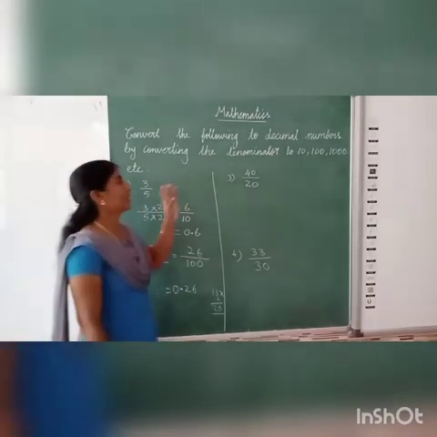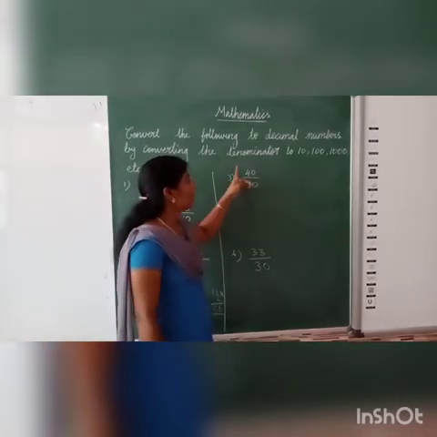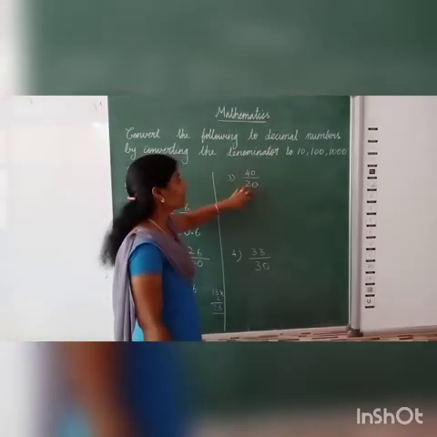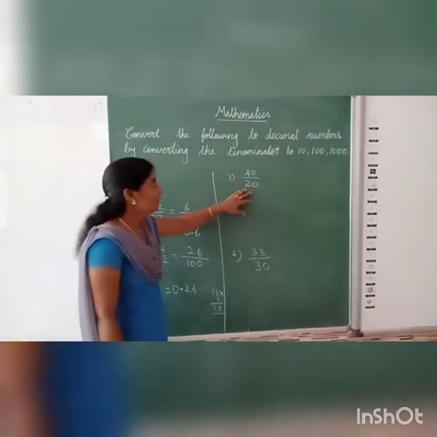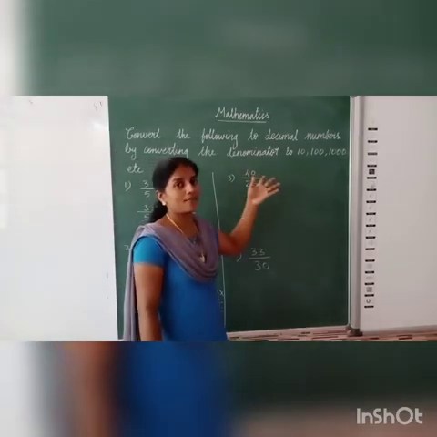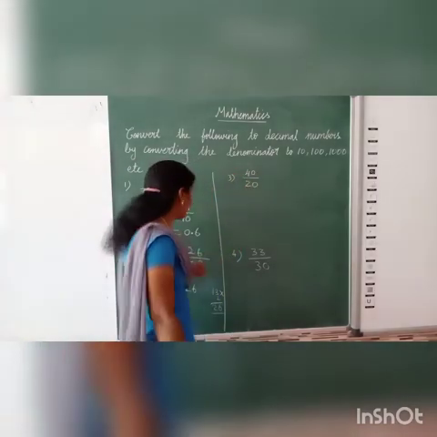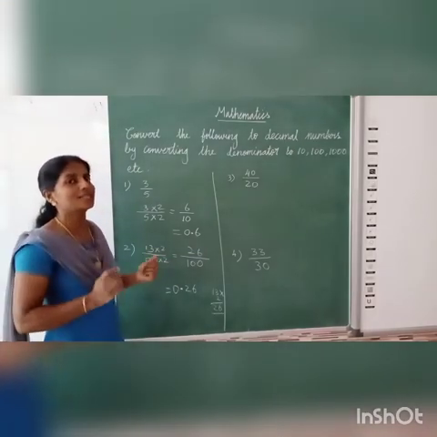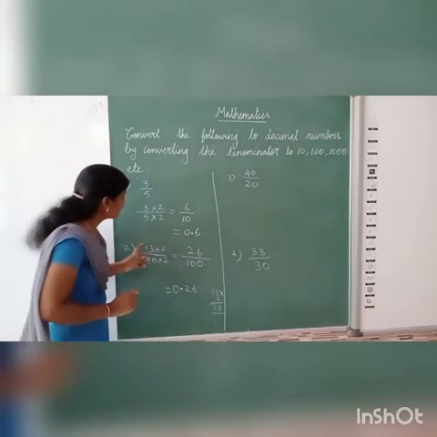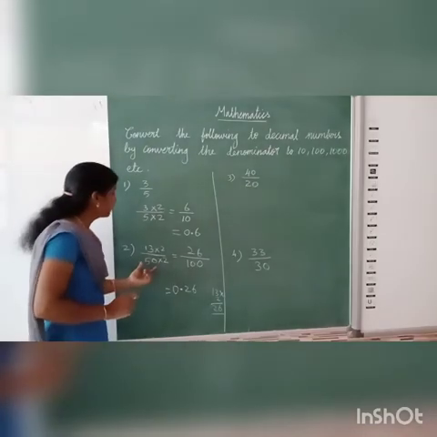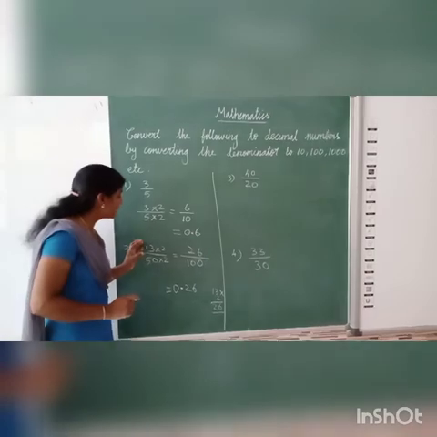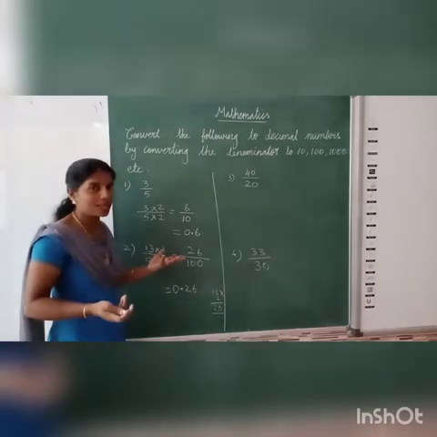Clear? Okay, then third one, 40 divided by 20. Now here this is an even number, this is an even number, so we can first write in simplest form. But for 13 by 50 we can't write in simplest form, because 13 is a prime number and 50 is a composite number. 13 and 50 are not in any same table.